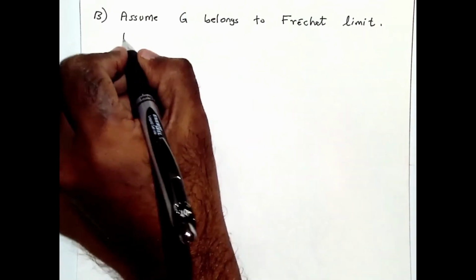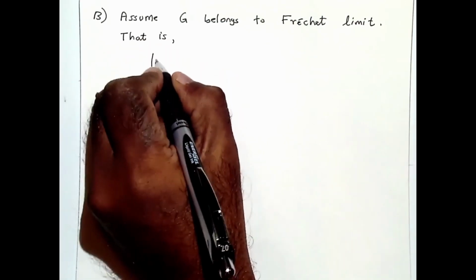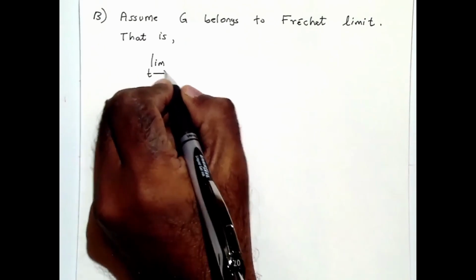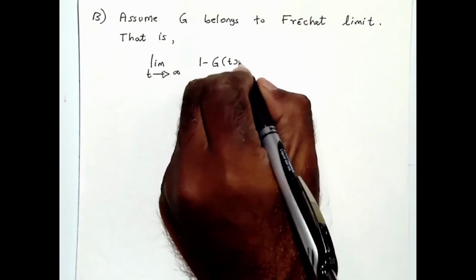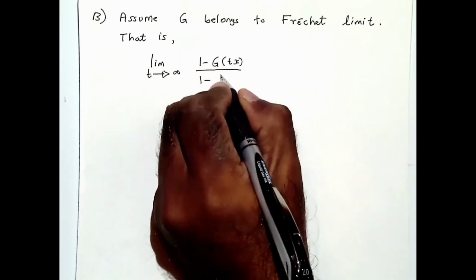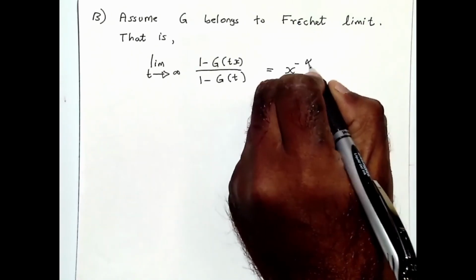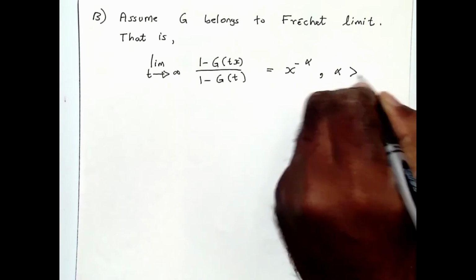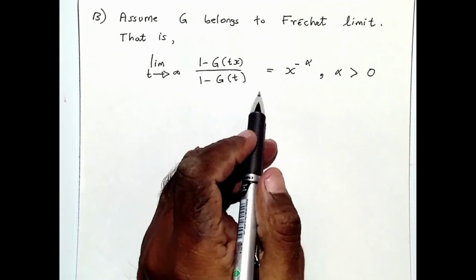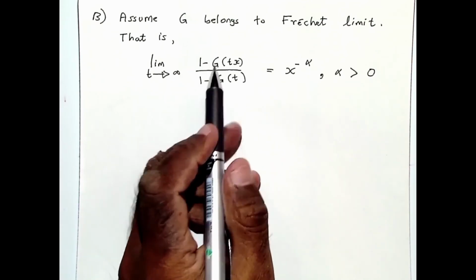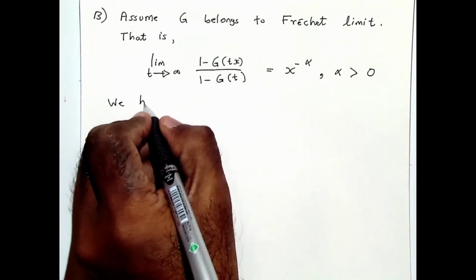So which is the same as saying that the limit as t approaches infinity of this is equal to x to the power minus alpha, where alpha must be a positive number. Now we need to show that this statement is also true if G is replaced by F. All right, so we need to show this.